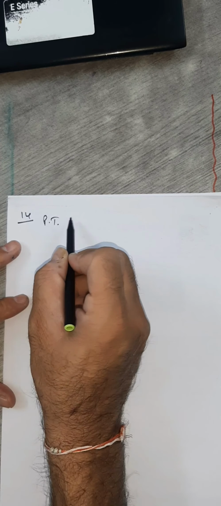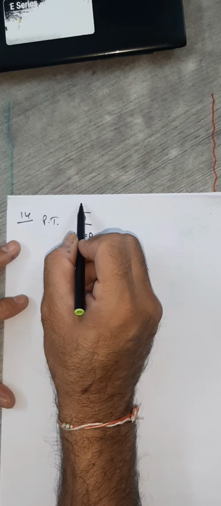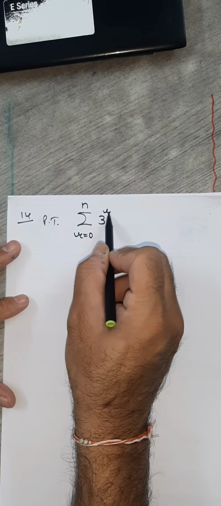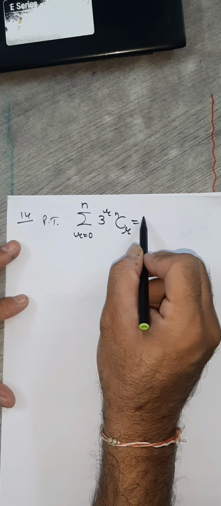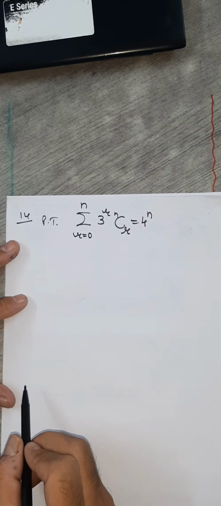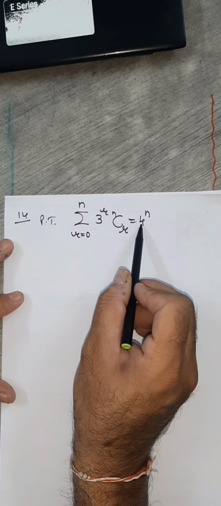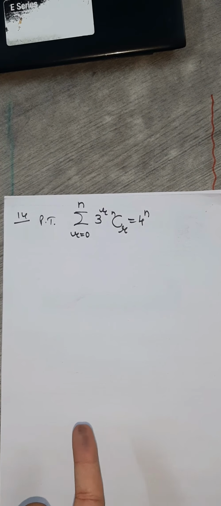You want to prove that sigma notation, you know, it means addition, r runs from 0 to n, 3 raised to r into nCr equals 4 raised to n. You might have noticed unit 3. So you can write here 1 plus 3 and expand it. You will get exactly this.